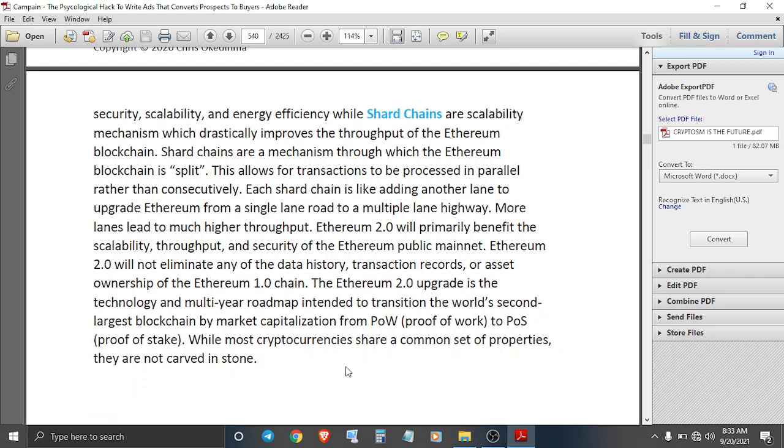What is this trying to tell us? This is trying to tell us that initially, when Ethereum was created, they were using the proof of work mechanism system that Bitcoin was using. So they found out that the energy they were consuming was much, and the transaction speed was slow.